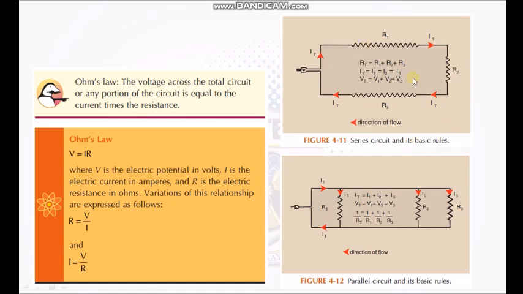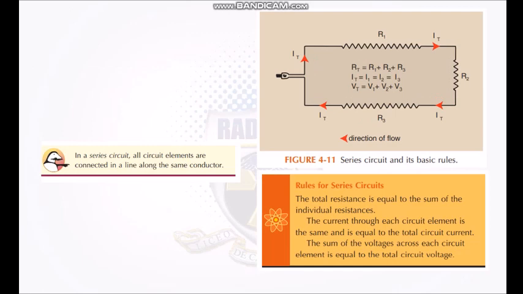You have the illustrations here: this is a series circuit, and this is a parallel circuit. In a series circuit, all circuit elements are connected in a line along the same conductor. Basically you have only one wire according to the illustration.